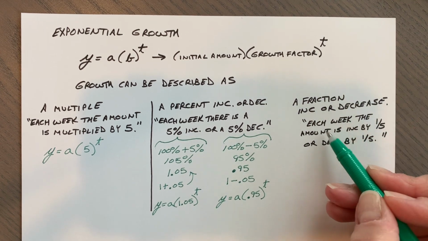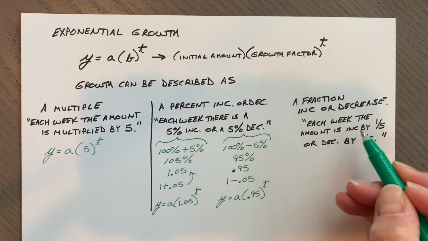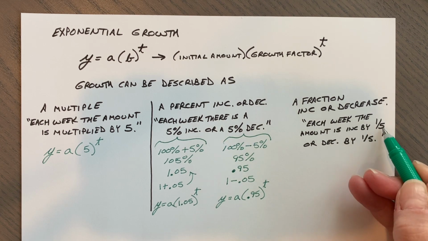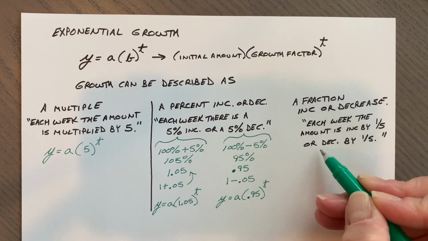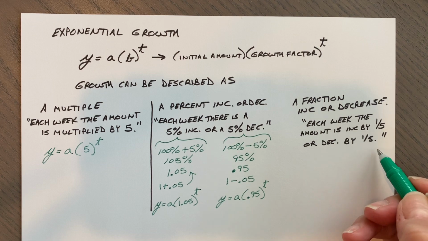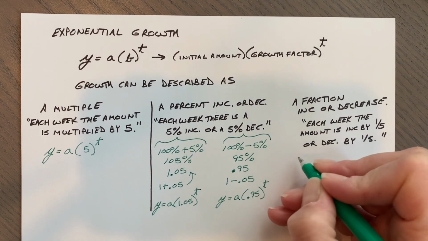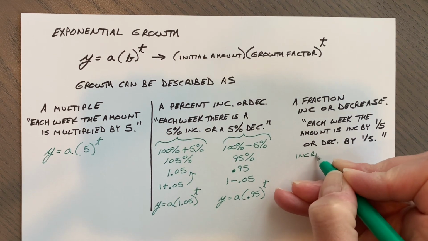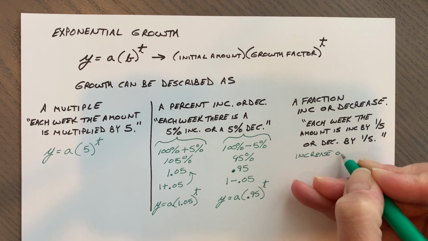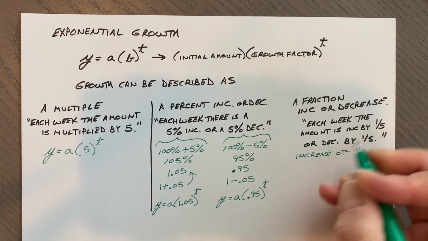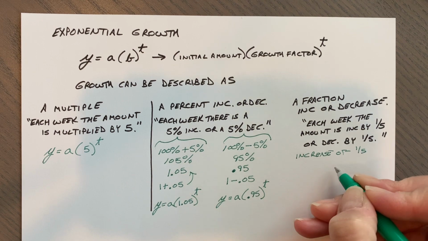Let's say you're given the description that each week the amount is increased by 1/5, or perhaps decreased by 1/5. So if I'm going to have an increase of 1/5, here's what that growth factor would look like.